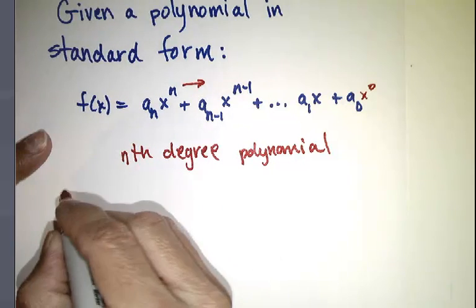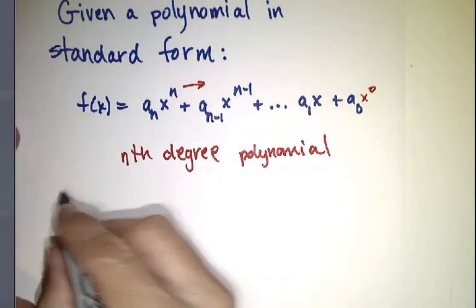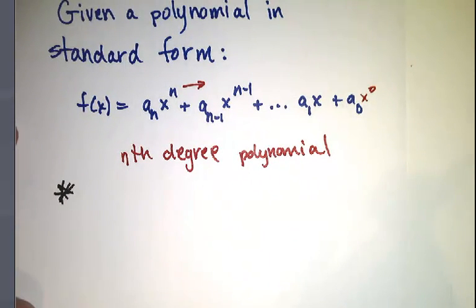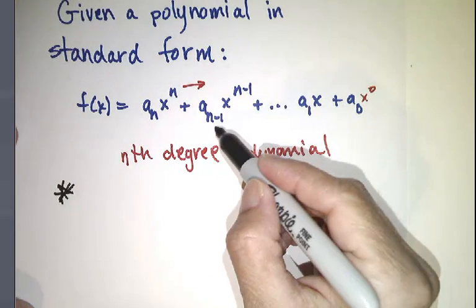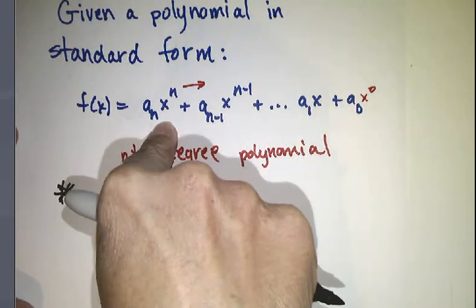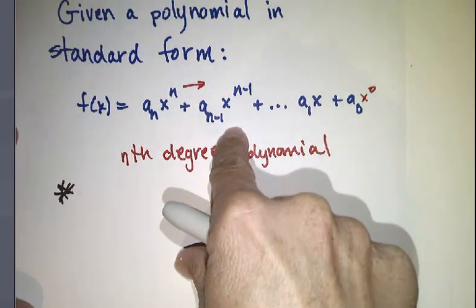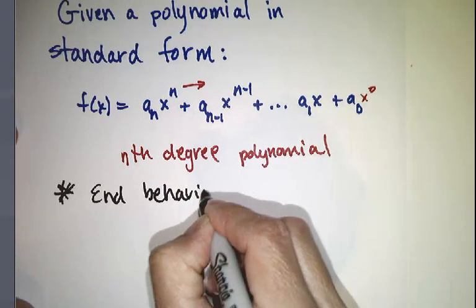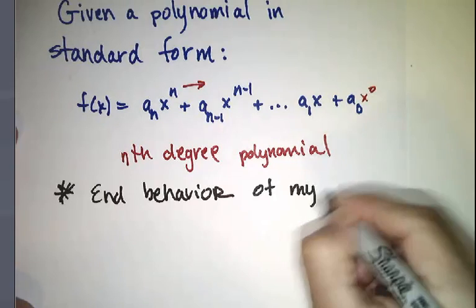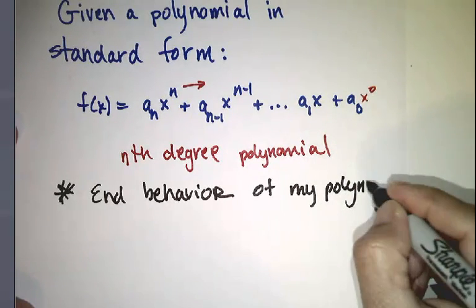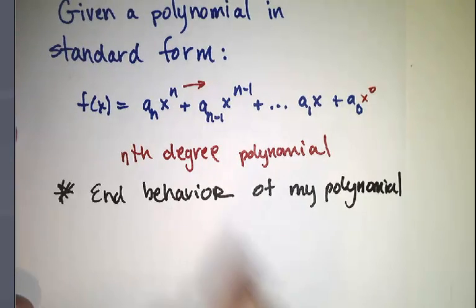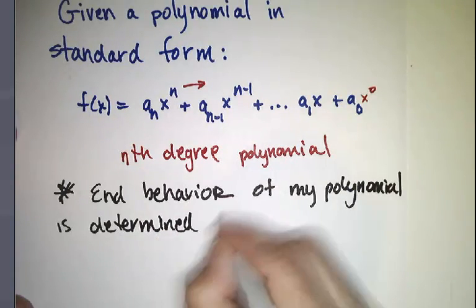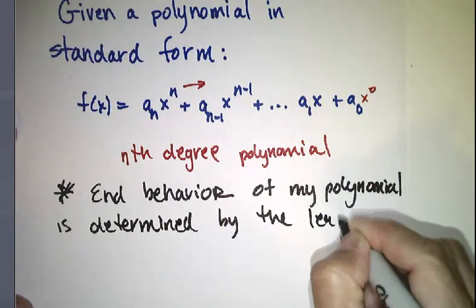Okay, and here is something that is fascinating. As we go out far enough, so as x goes towards infinity, so now I'm describing end behavior, these terms that sit below the lead term have less and less of an impact. And so the end behavior of my polynomial is determined by the lead term, or the highest power present.